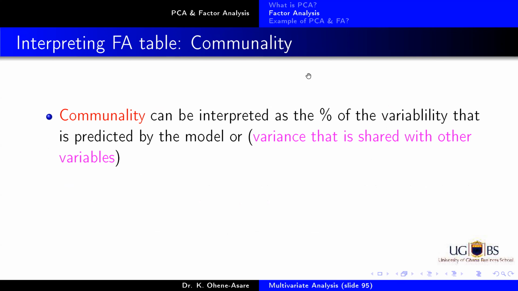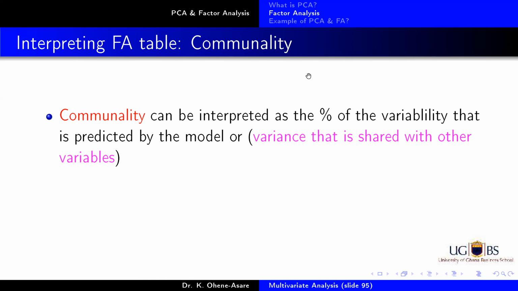Every time you can speak about uniqueness, its opposite is communality. Uniqueness is that portion that is not common to others, which that variable has. But communality is the percentage of the variability that is predicted by the model, or that variance that is shared with other variables. That is communality.